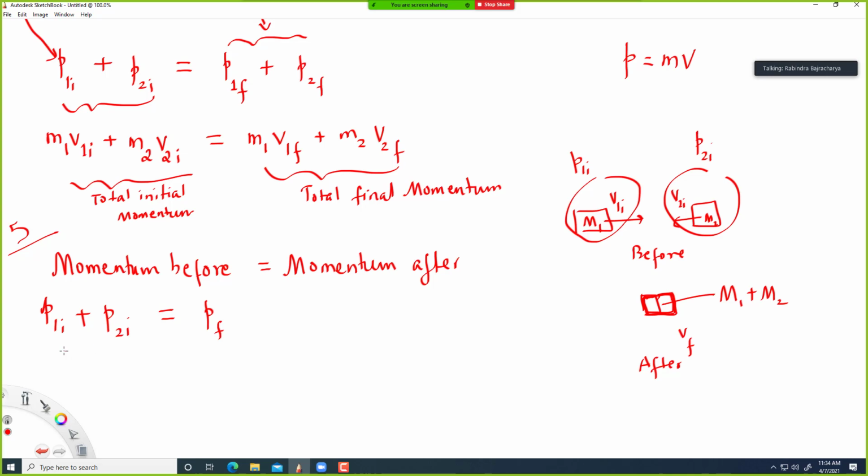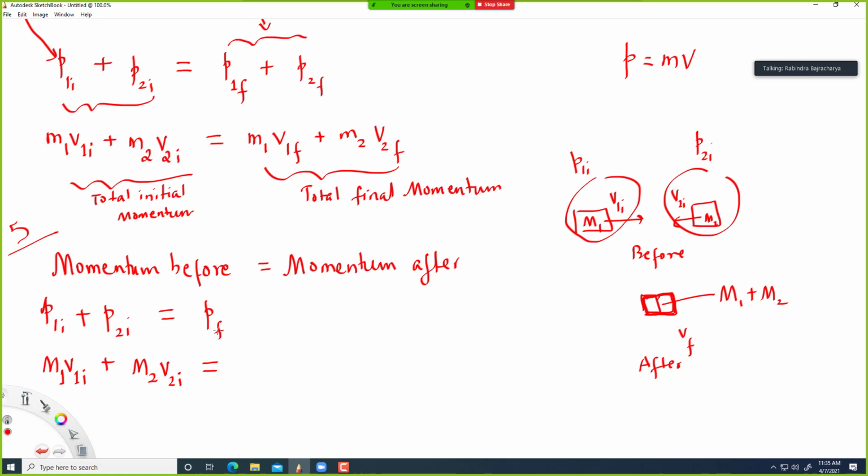So what's the formula for momentum? It's mass times velocity. Mass is first mass, velocity is velocity of first one, and it's before, so I need to write i. Here, mass of the second object, velocity of the second object, and it's before, so I need to write i.